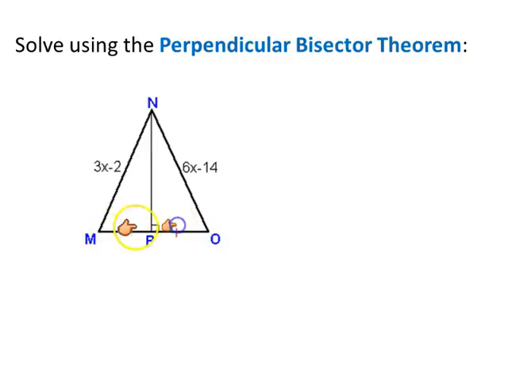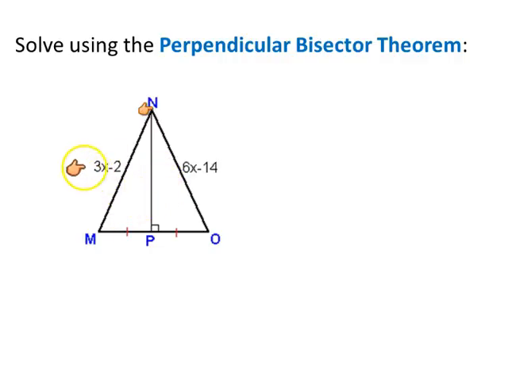What do those little red ticks tell us about NP? Those little ticks tell us that NP intersects at the midpoint of MO. So NP is a perpendicular bisector. Point N is a point on the perpendicular bisector.